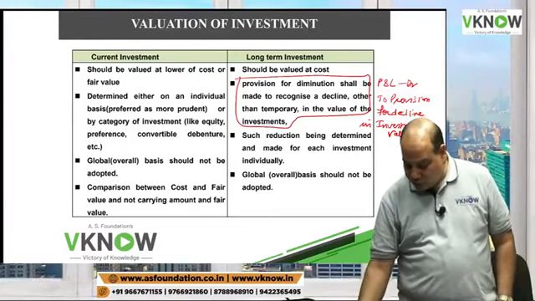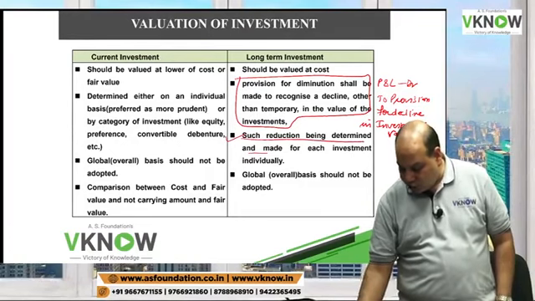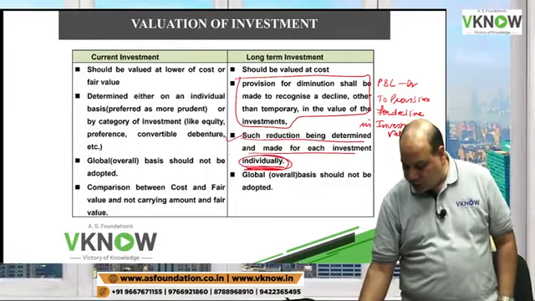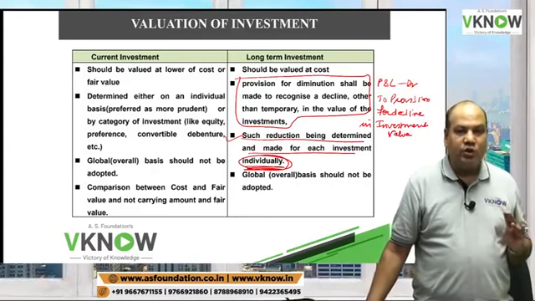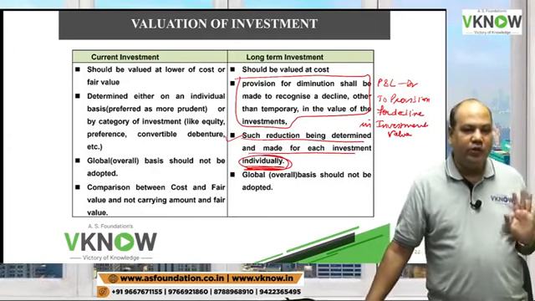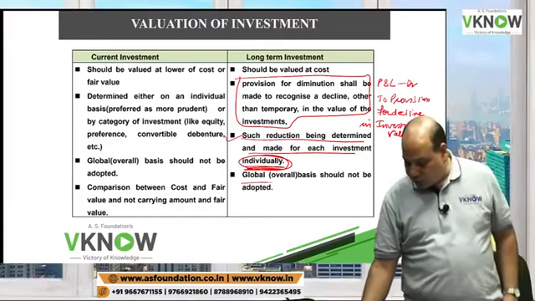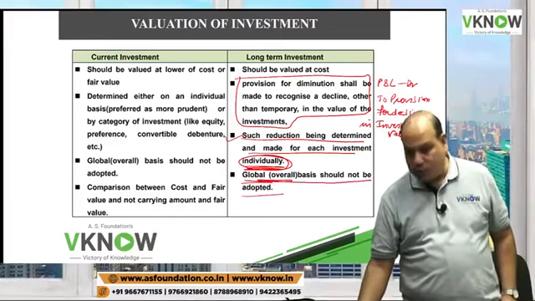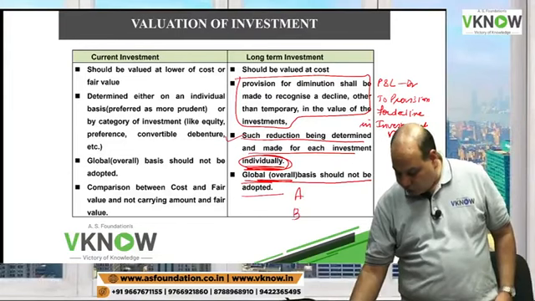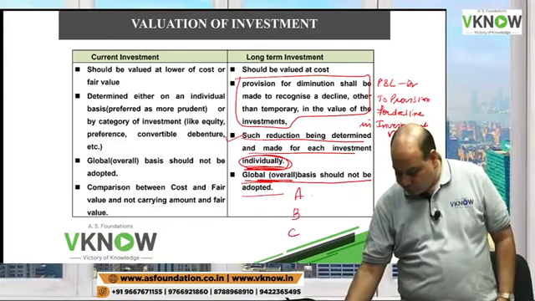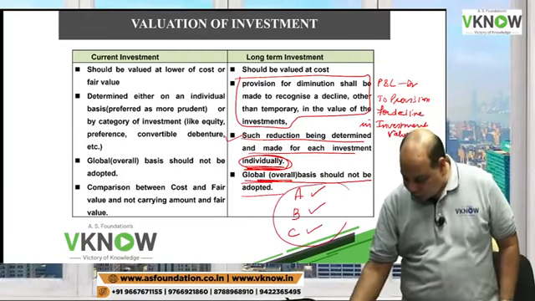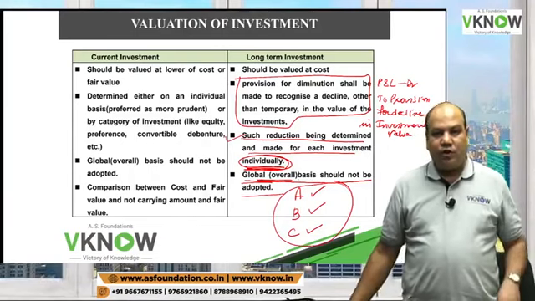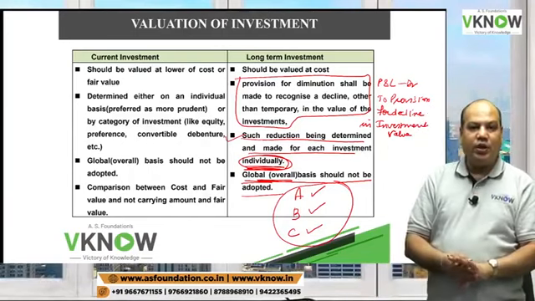Third point, this exercise has to be done for each investment individually. So if you have 3 investments, do this exercise separately for each investment. Do not apply a global or overall approach. If I have investments in A, B, C, I will apply this principle to each of them separately. I will not take a total and say on a total basis we are gaining.